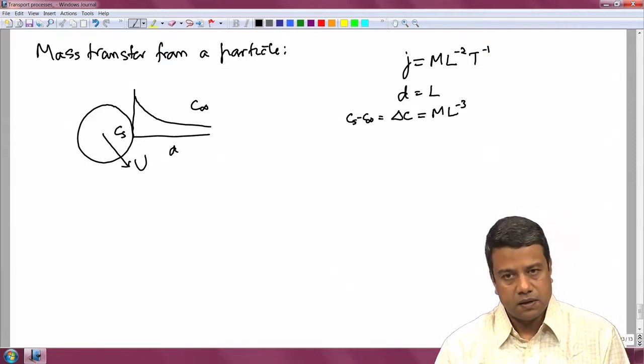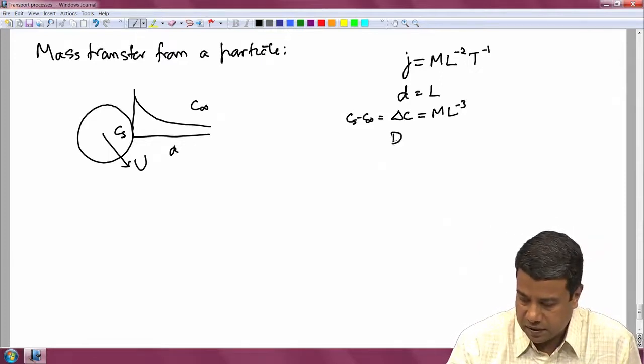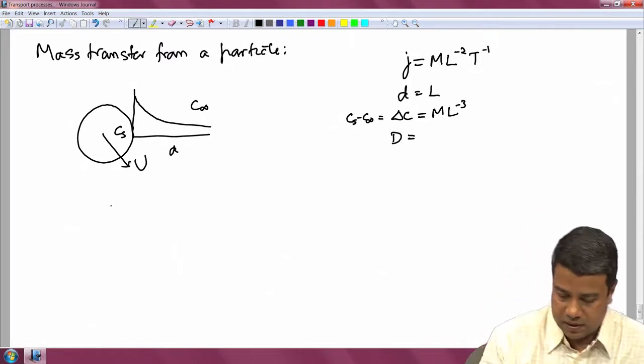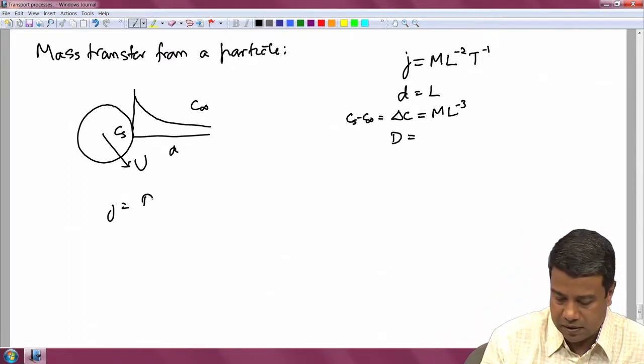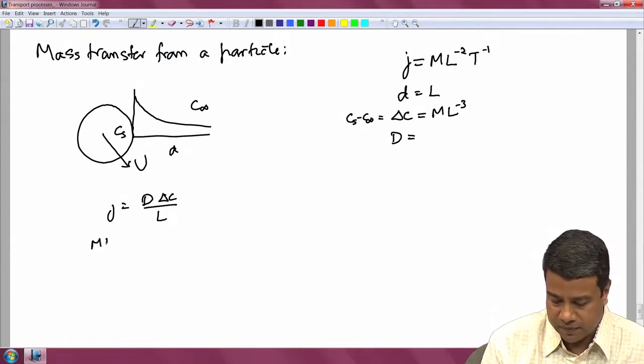What can also affect this is the diffusion coefficient. If you recall, we derived it from Fick's law of diffusion, that J is equal to D delta C by L. J has dimensions of M L power minus 2 T inverse.